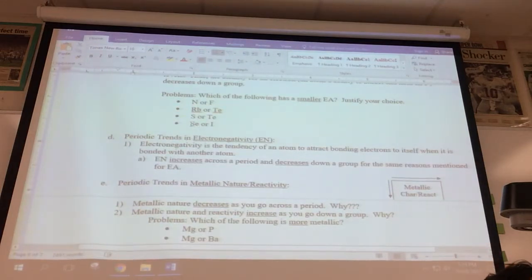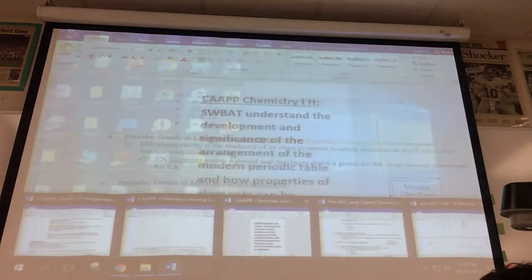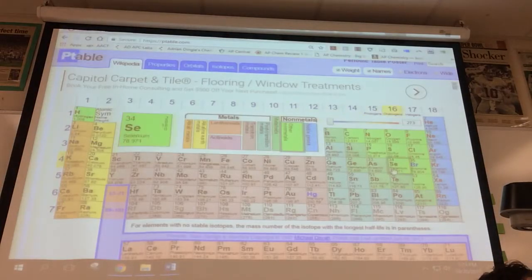For example here, which of the following has a smaller electron affinity, selenium or iodine? So we've got selenium here, iodine here, and I would agree with you in regard to selenium. On the diagonal, typically what you're looking for with electron affinity or ionization energy, the greater the number of valence electrons, typically the greater ionization energy or electron affinity.